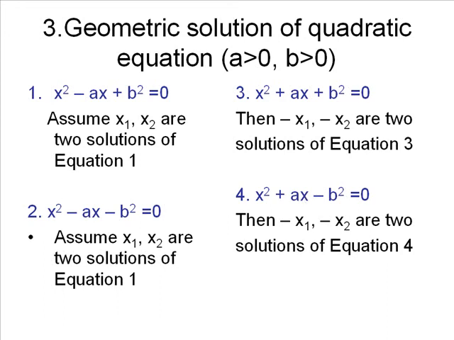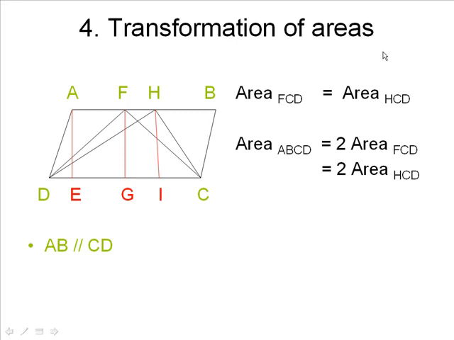Okay, now let's look at the last type, the transformation of areas. In this graph, we have AB parallel to CD, and so this is a parallelogram, and also AD parallel to BC. First, we look at these two triangles, FDC and HDC.